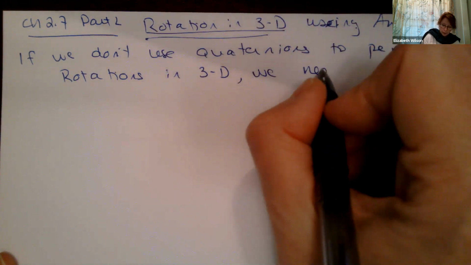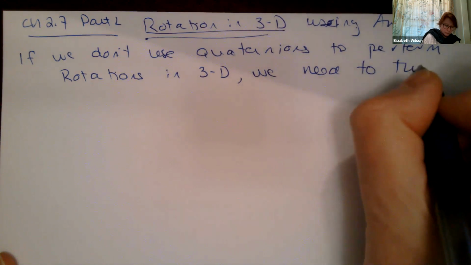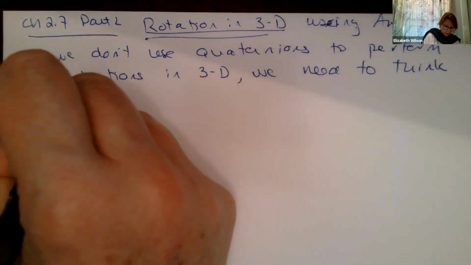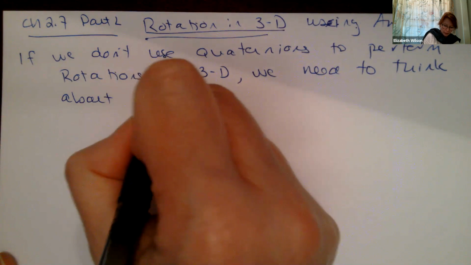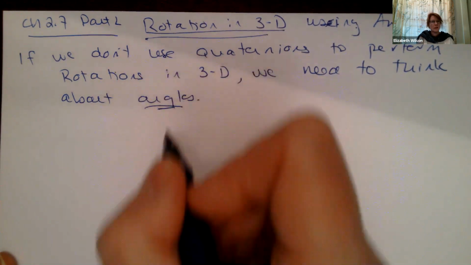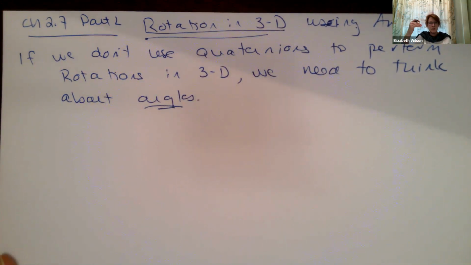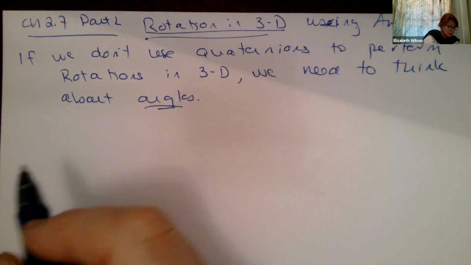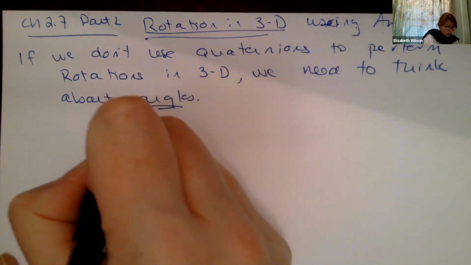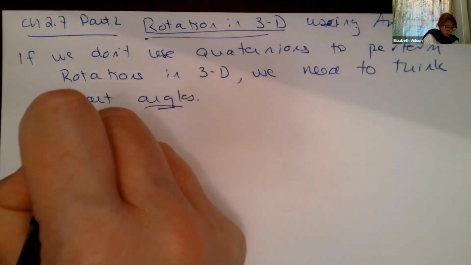we need to think about angles. We have to think about all the angles. We're going to rotate 180 degrees around something, but then we have to break that angle up into its X component, its Y component, and its Z component. So let's draw a quick picture where we can think about what we're doing here.